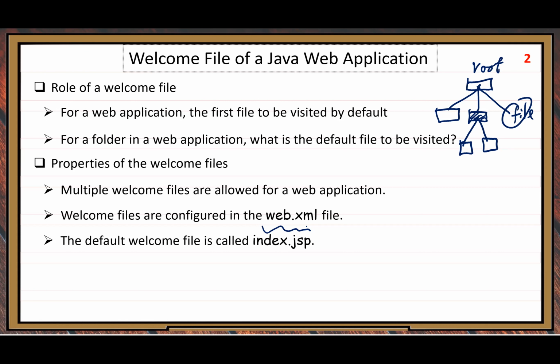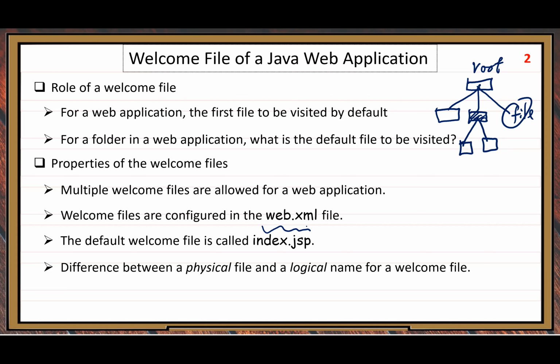Some of you may ask why we do not use a servlet as the welcome file. I will answer this question quickly, when I talk about another concept, and explain the important reason behind it.